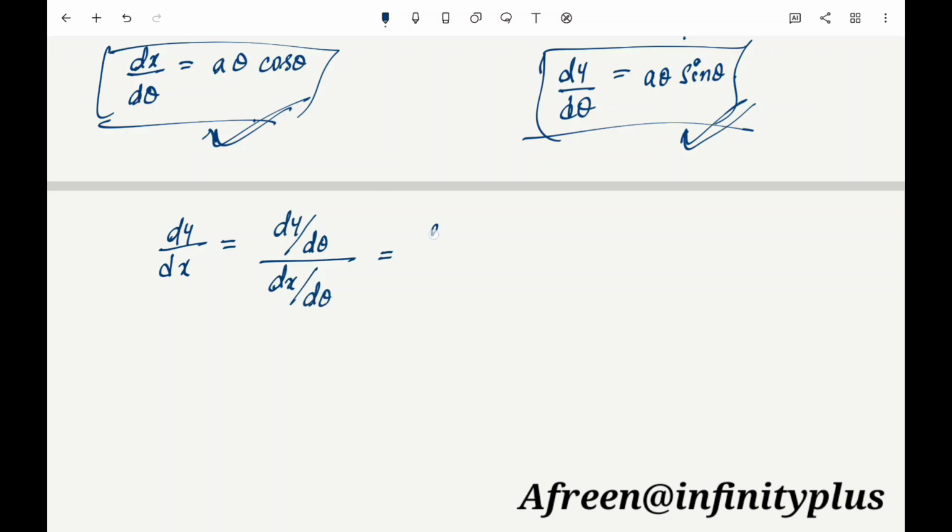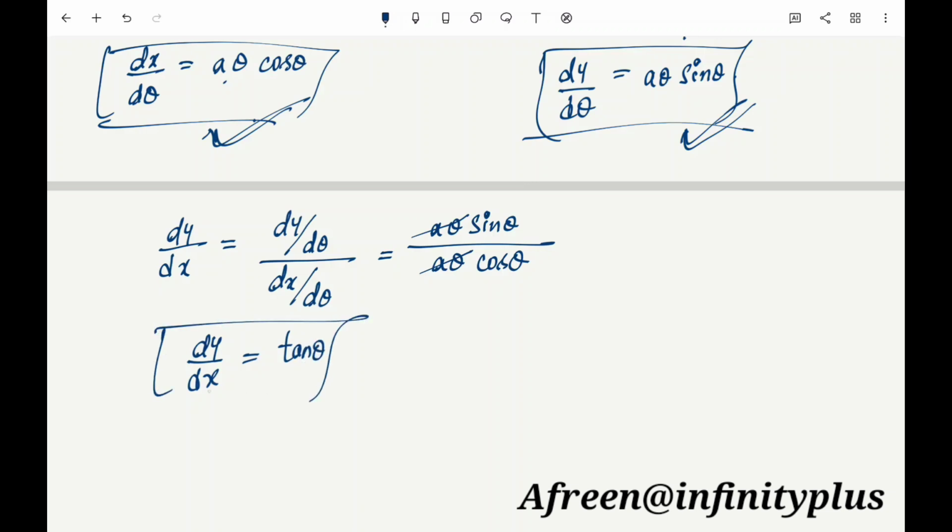So what you have got? It is a theta sin theta divided by dx by d theta value we are having a theta cos theta. Here a and theta will get cancelled, and dy by dx, which is equal to sin theta by cos theta, means it is tan theta.